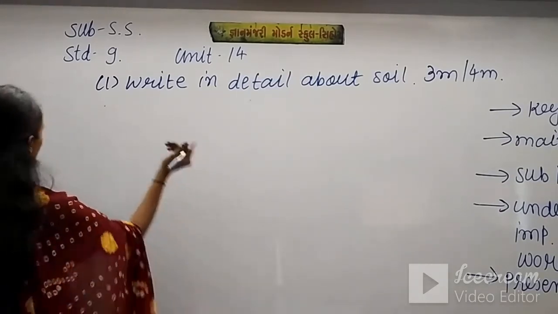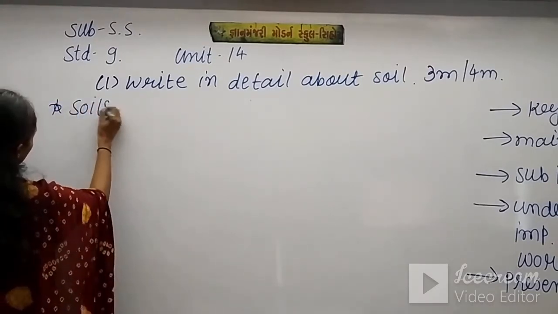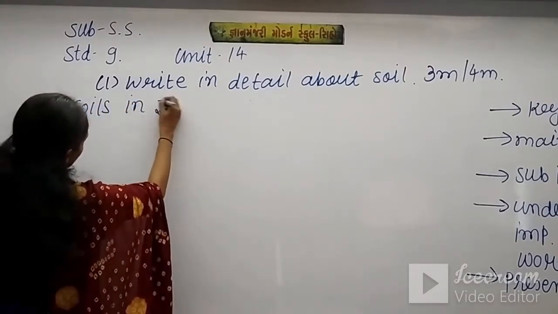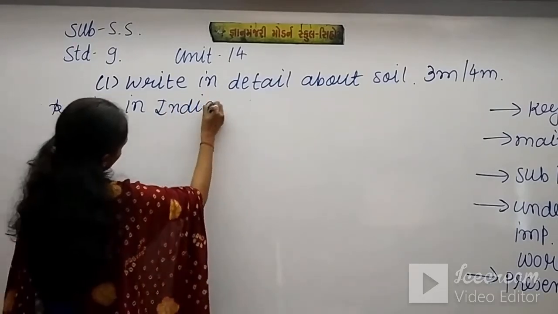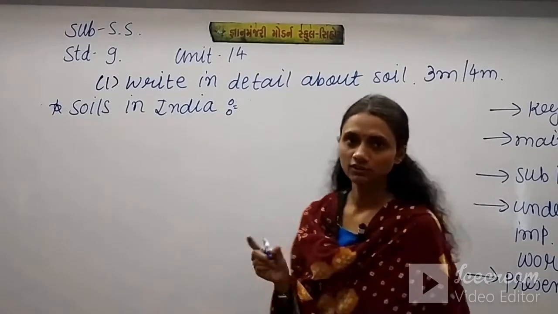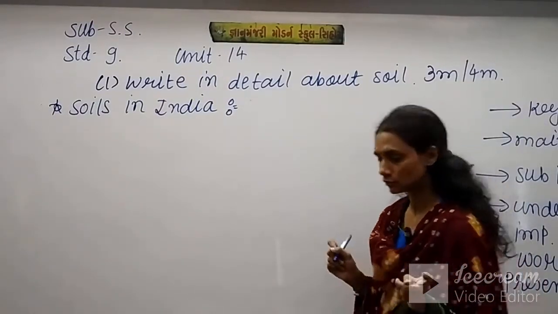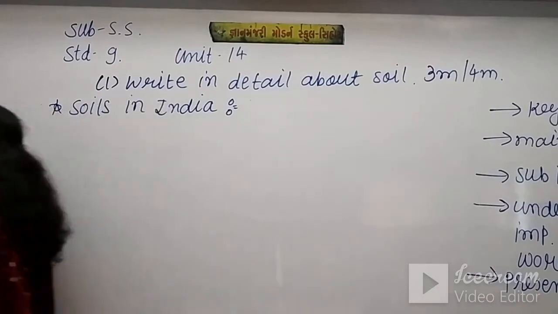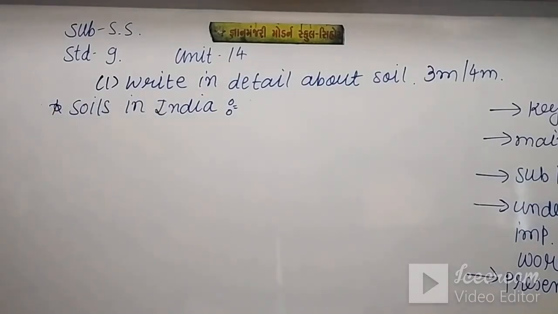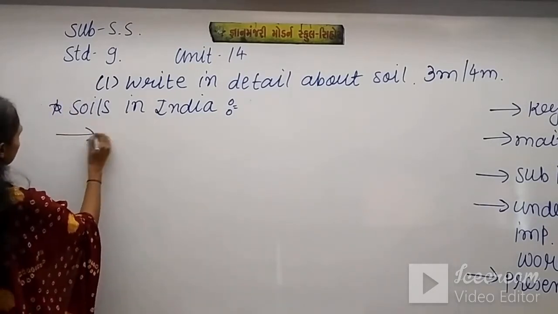After the introduction, your point should be this: soils in India. We have different types of soil, that is, we have 6 soils. So this could be written like this.